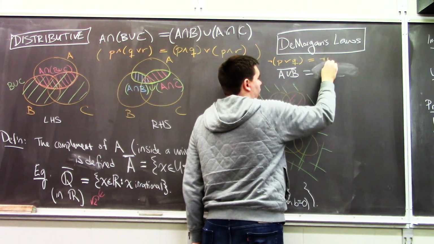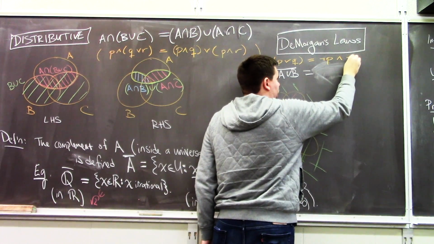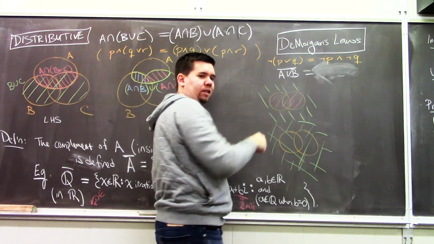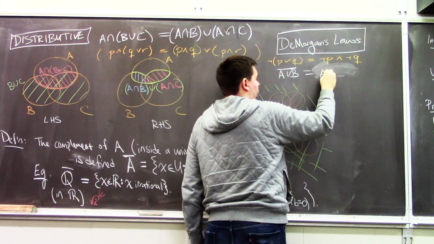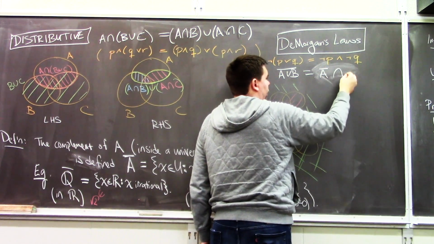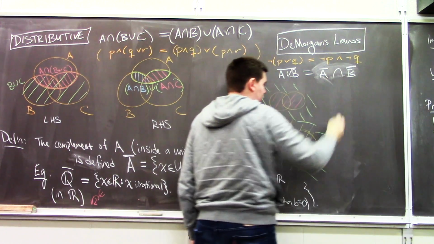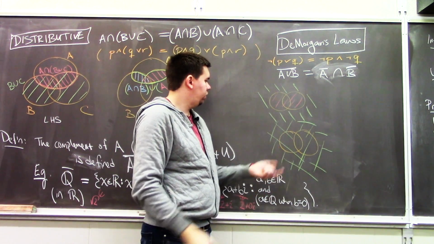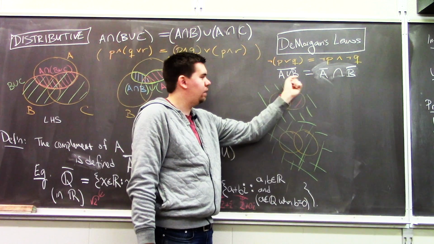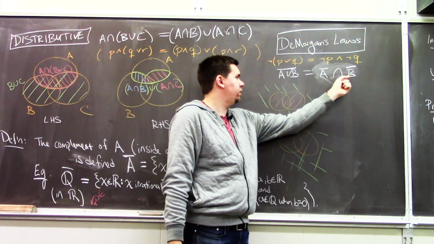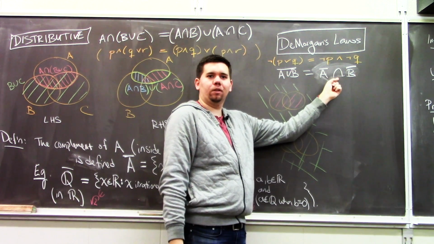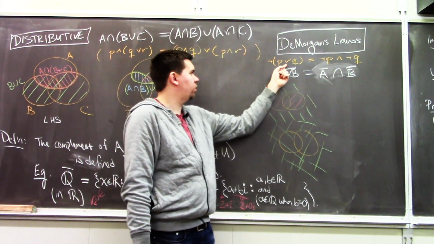Yeah, it's not P and not Q. So in terms of sets, this would be saying not A intersect not B. And that's right. You can take a second, convince yourself, use a Venn diagram that these are the same. So what the complement does, it takes the complement of each member, but then it flips union to intersection. Just like how negation flips or to and.